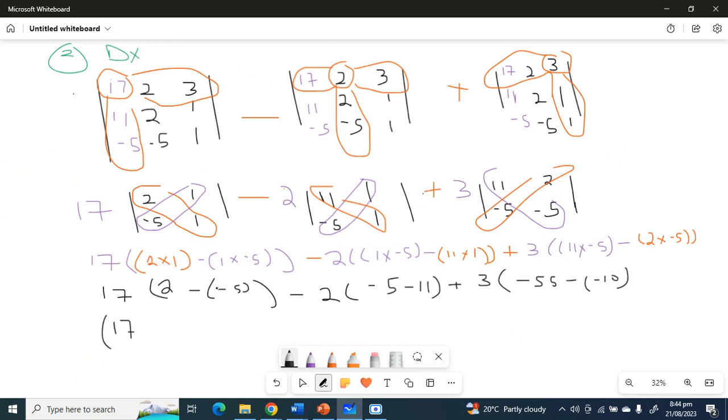So 2 minus negative 5, that is positive 7. So I have 17 times 7 here, minus negative 5 minus 11, that's negative 16.